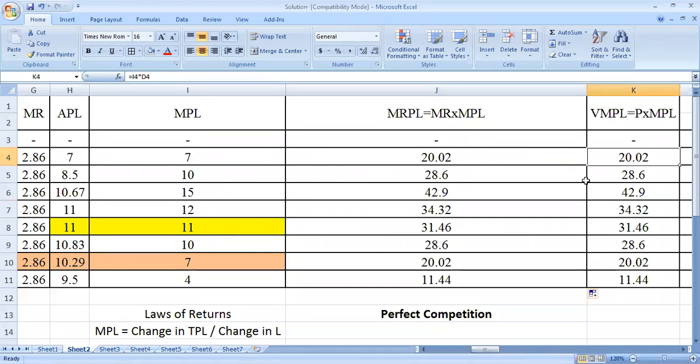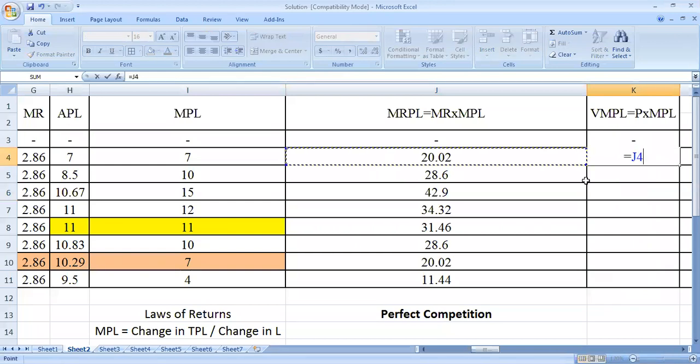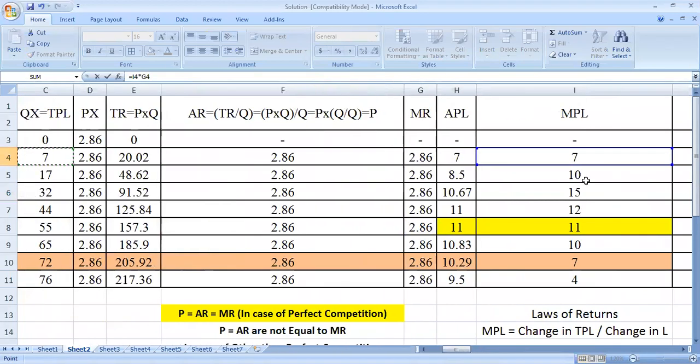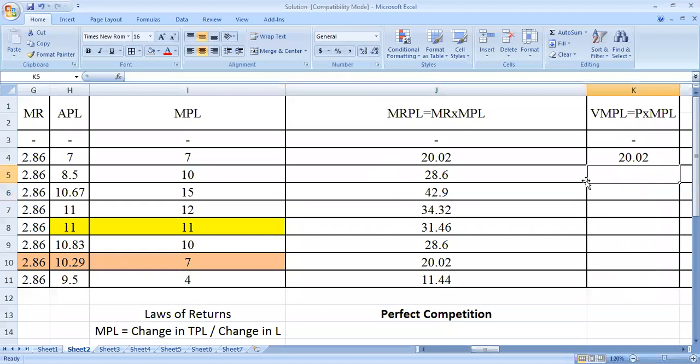How about the value of marginal product of labor? How do we find it out? We can find it by multiplying MPL with price. When you multiply MPL with price, which is 2.86, you will obtain VMPL, right? Look at the second cell.